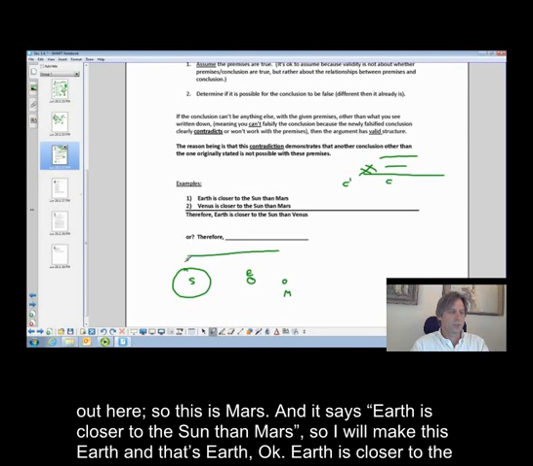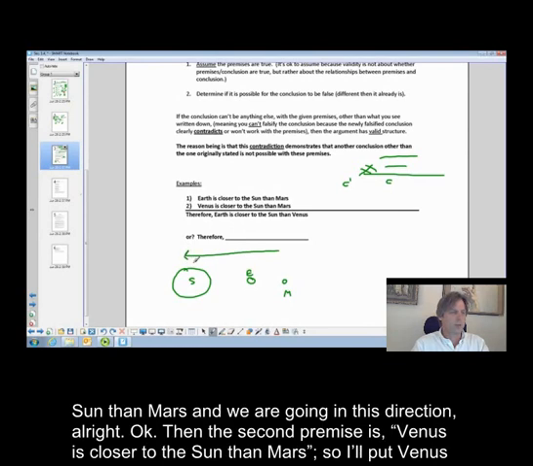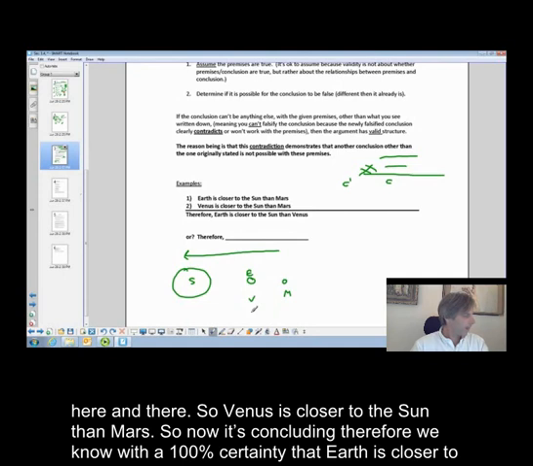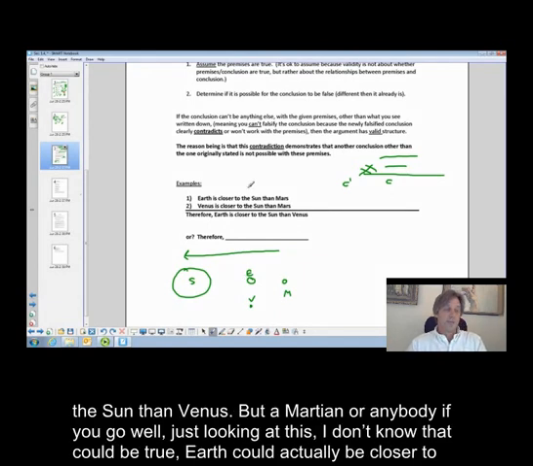Earth is closer to the sun than Mars, and we're going this direction, right? Okay. Then the second premise is Venus is closer to the sun than Mars. So I'll put Venus here, and there. So Venus is closer to the sun than Mars. Now it's concluding, therefore we know with 100% certainty that Earth is closer to the sun than Venus.